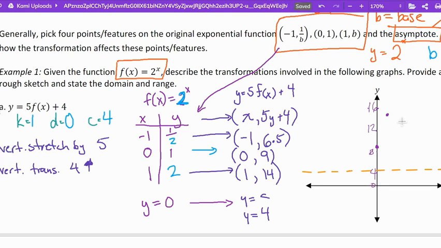You don't even have to put numbers down. It might be helpful. And at -1, it's going to be 6.5. And I know that the function is approaching the asymptote. So I can see, oh yeah, we thought it was going to shift up.